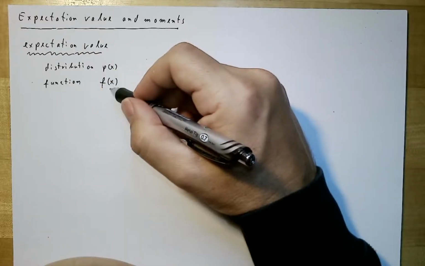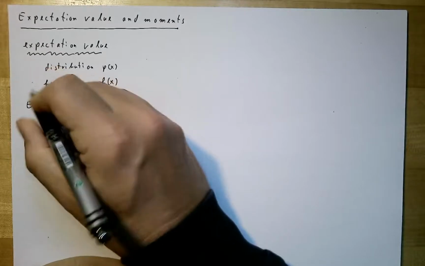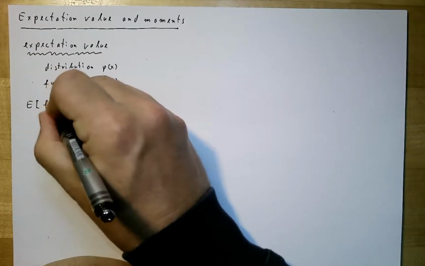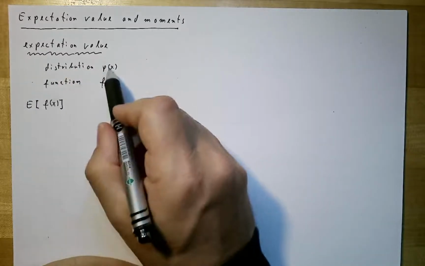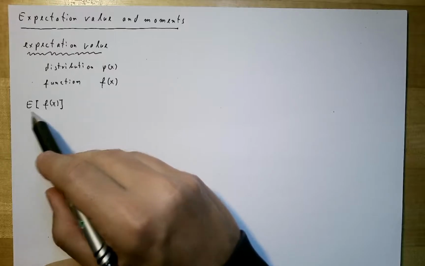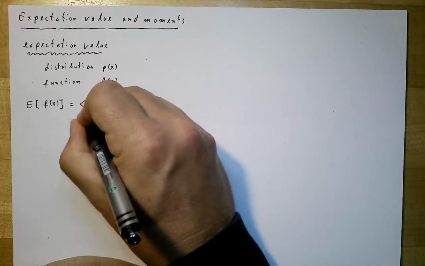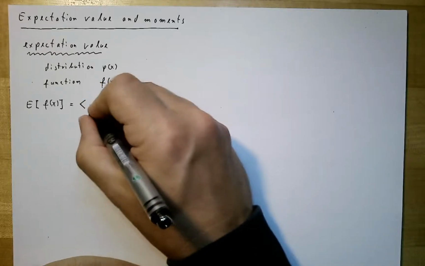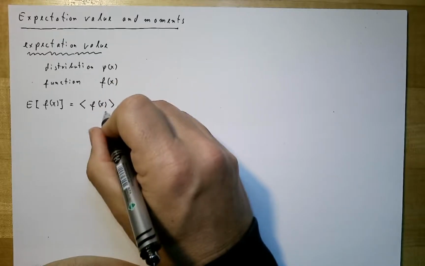Then we can calculate the expectation value of this function f of x with respect to the distribution. Sometimes we write E for expectation value, but more often we use these brackets, so we have the expectation value of the function f.